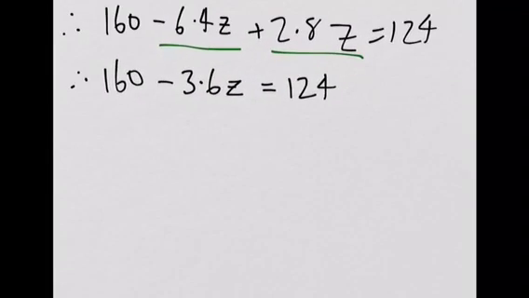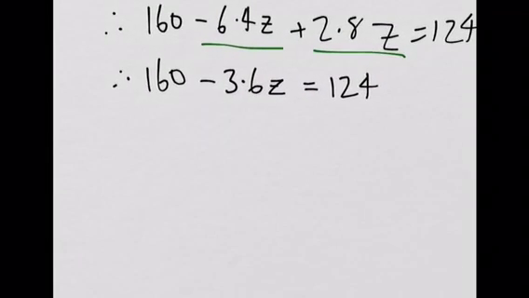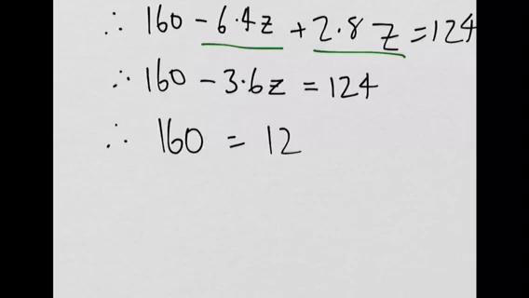Let's move the 3.6Z to the other side to make it positive. So 160 equals 124 plus 3.6Z. Now subtract the 124 off both sides. Can I do that in my head? It's like 36 or something.